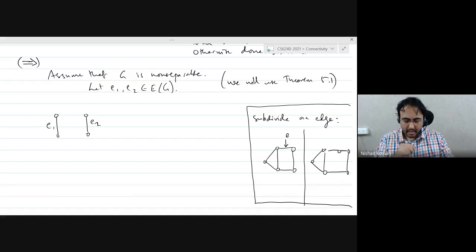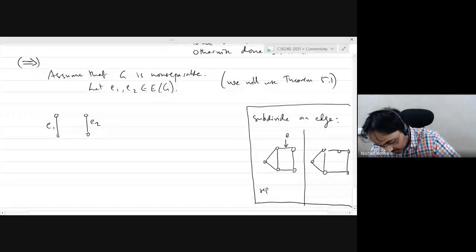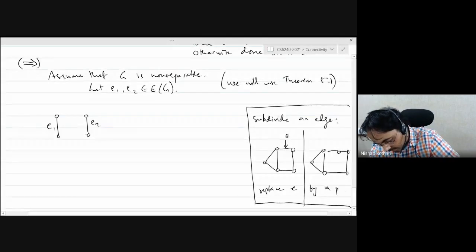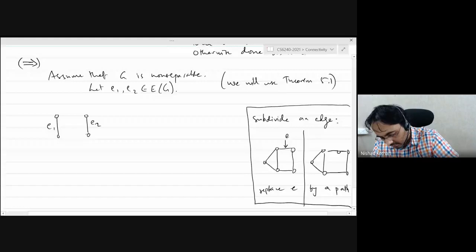You can also subdivide by putting more vertices, but in this particular proof we just want to subdivide it one time, by inserting one vertex on that edge. Replace E by a path. That is the same as subdividing an edge E.